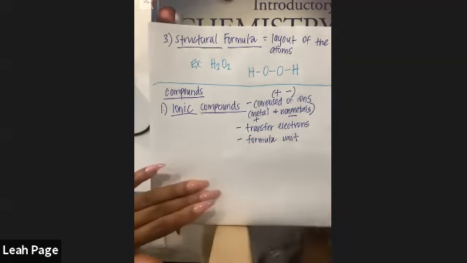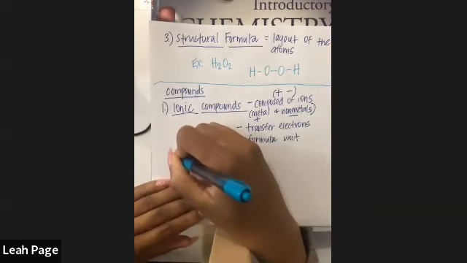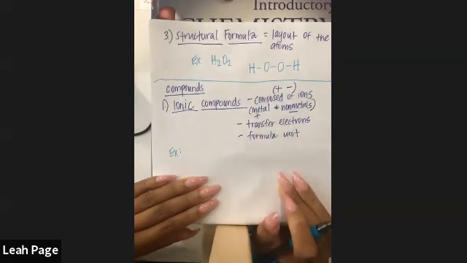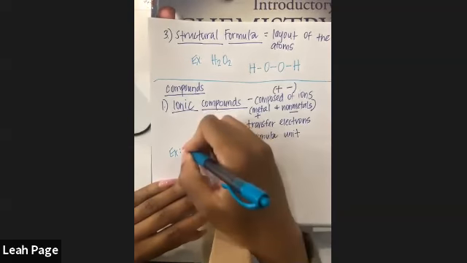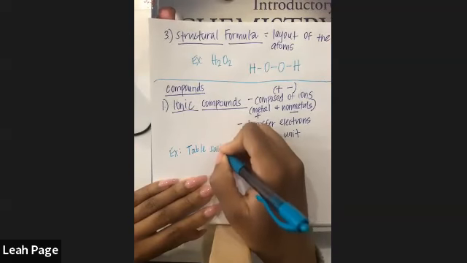So let me give you guys an example of an ionic compound. One example of an ionic compound is table salt. Like table salt we have at our house.